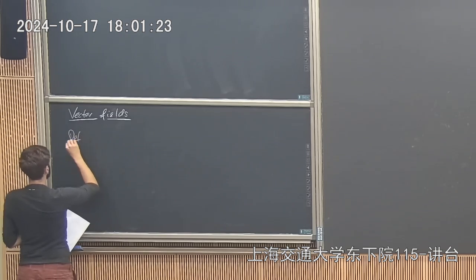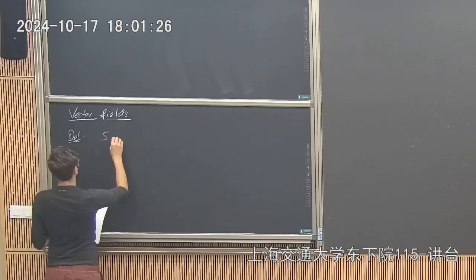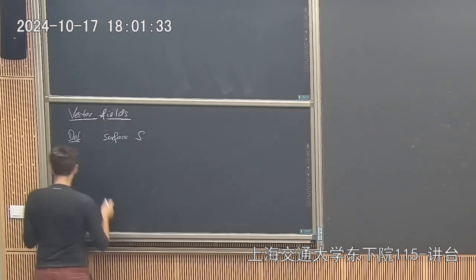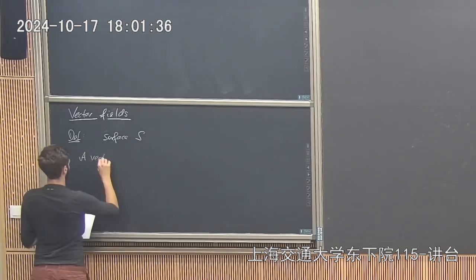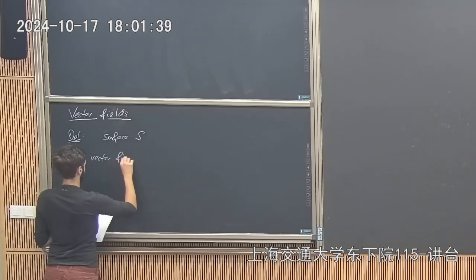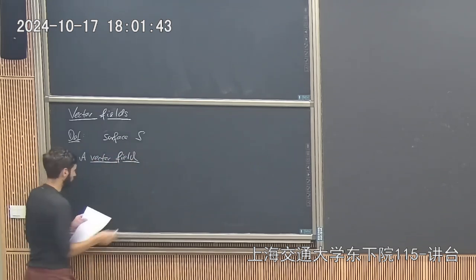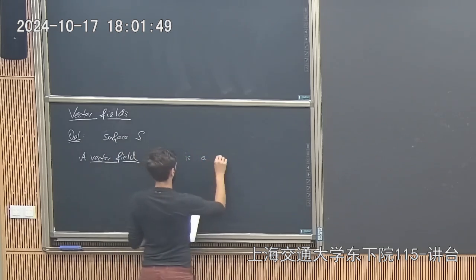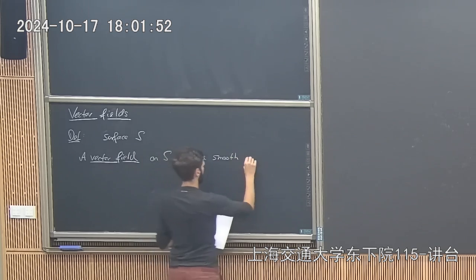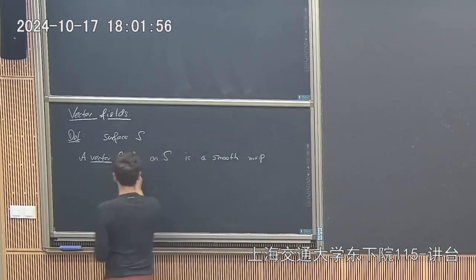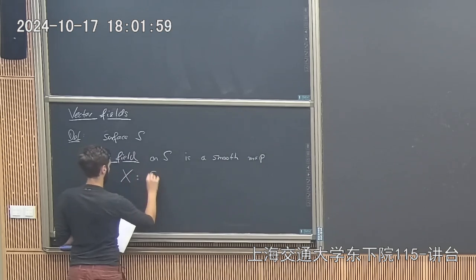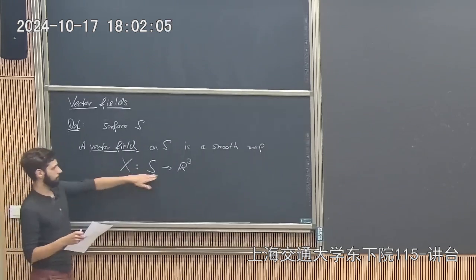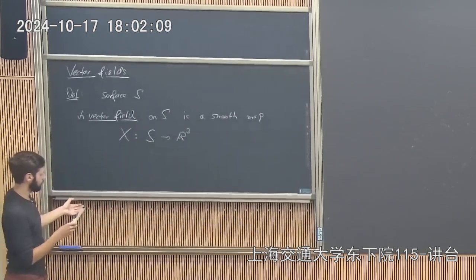The definition is: we have a surface, and to every point on the surface we associate a certain vector.